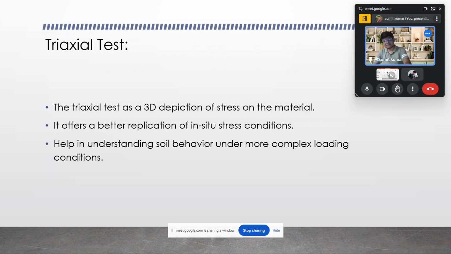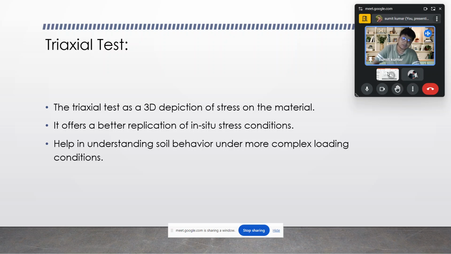When we talk about the triaxial test, the 3D application of stress is represented. It offers a better replication of in situ stress conditions and helps in understanding soil behavior under more complex loading. So actually, it represents a replica of the real field condition in the laboratory, so one can find the real characteristics of soil through this test.